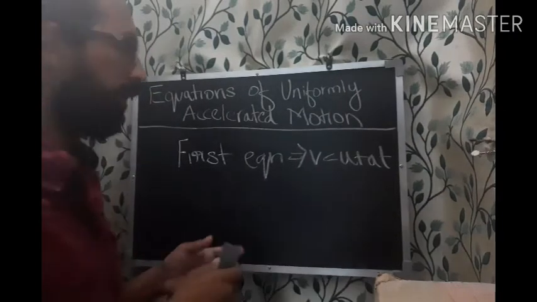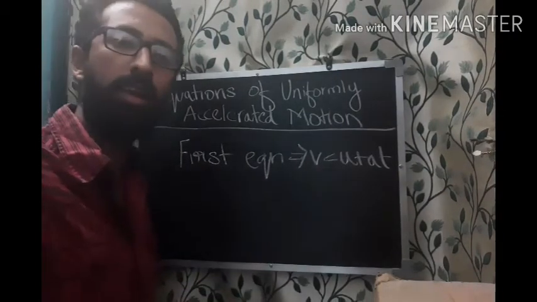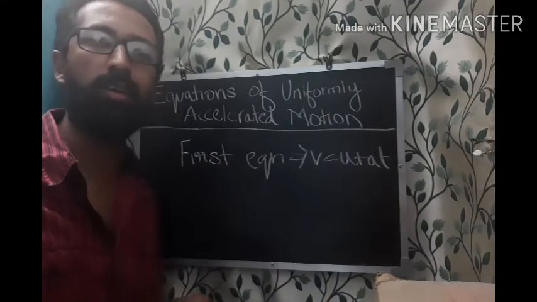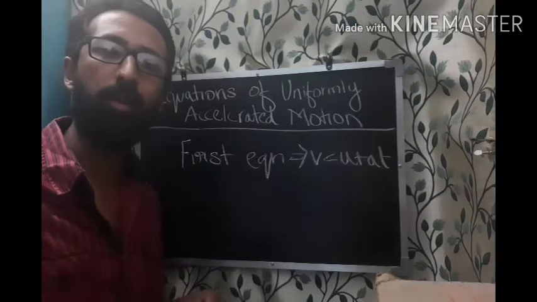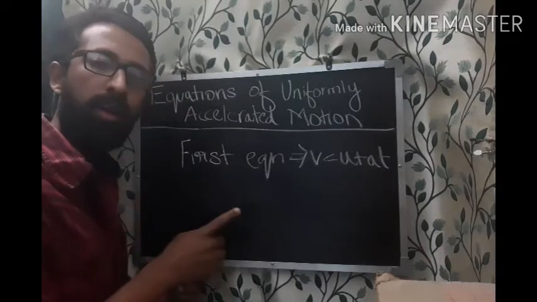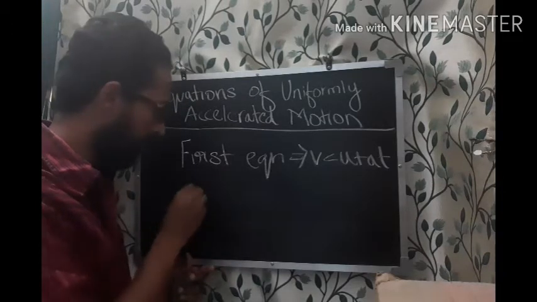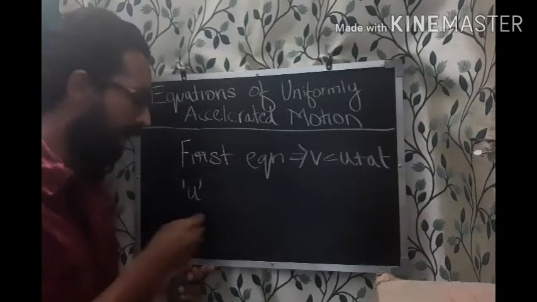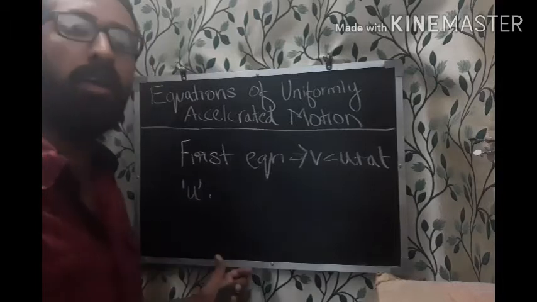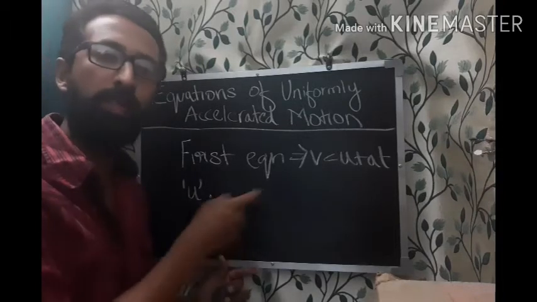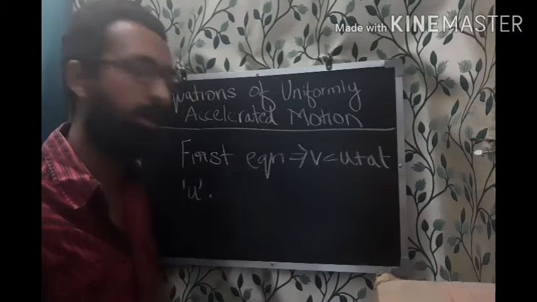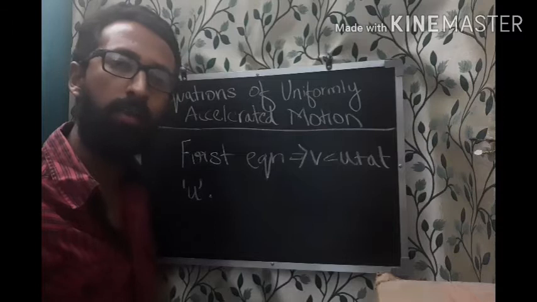So what we have to do, first we'll write an introduction line. It could be such that: consider a body having initial velocity u, and suppose that it is subjected to a uniform acceleration for a time interval of t.